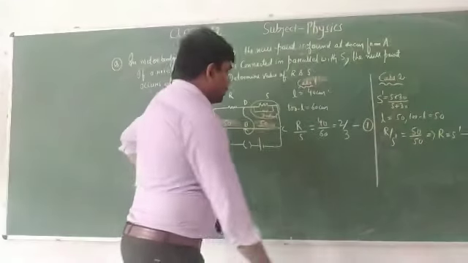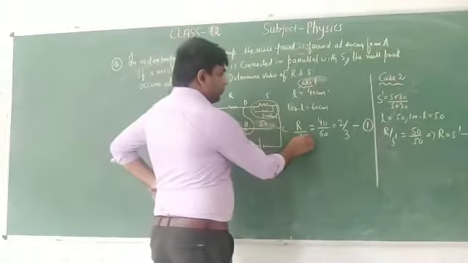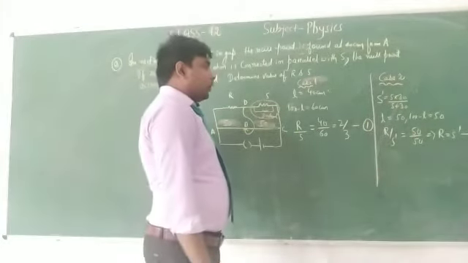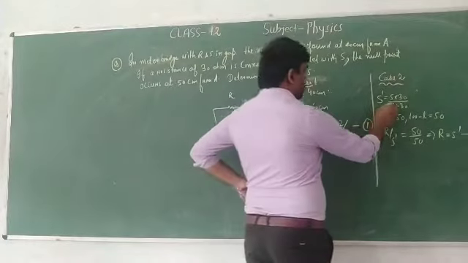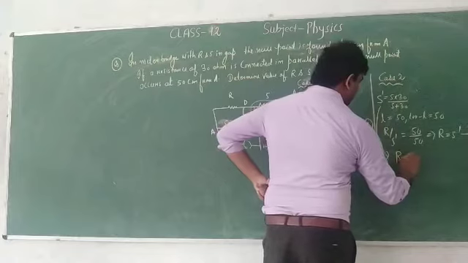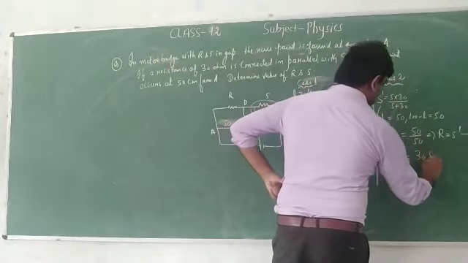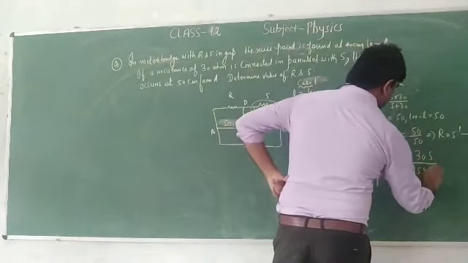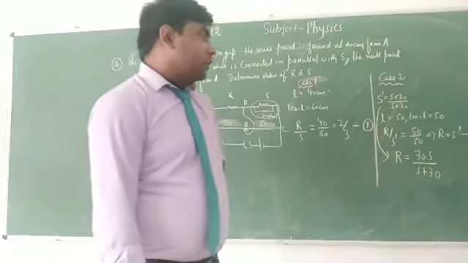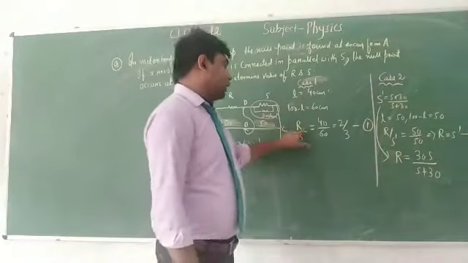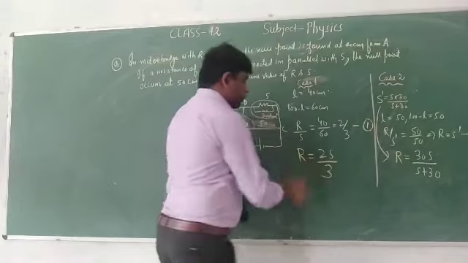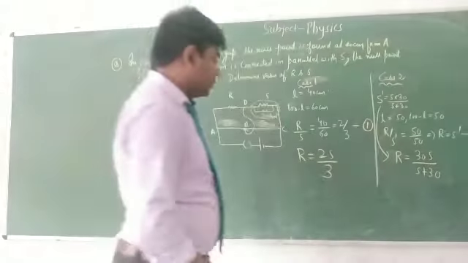Now see. Right, so instead of S dash, I can write R. Also, see here, instead of R, I can write 2S by 3.